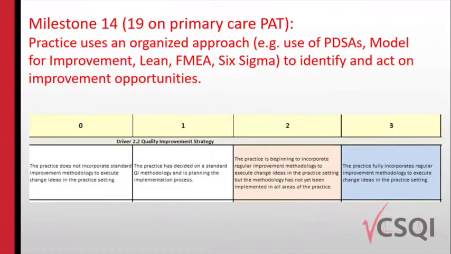And when we say organized approach, the essence of what the milestone is getting at is, do we have a common structure and a common language for how we're going to do this.